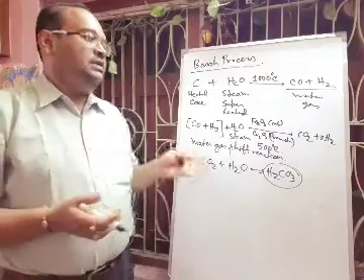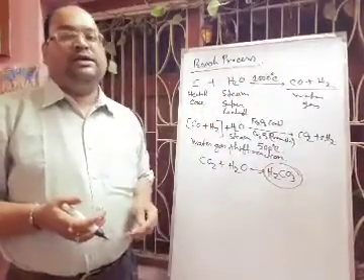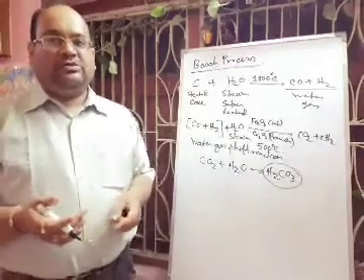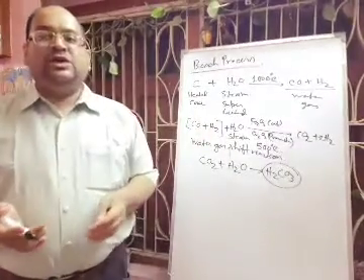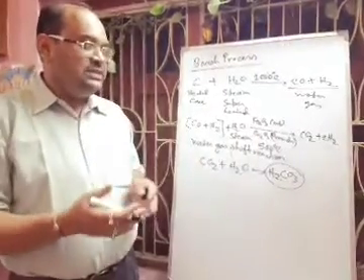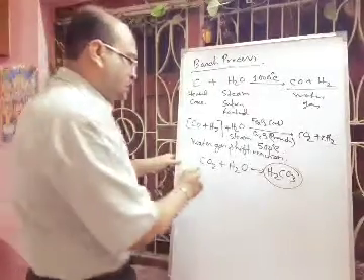Also, all the carbon monoxide cannot be converted to carbon dioxide, so there may be some carbon monoxide gas also. So how to remove this carbon monoxide gas? You have to pass this gas mixture through ammoniacal cuprous chloride.